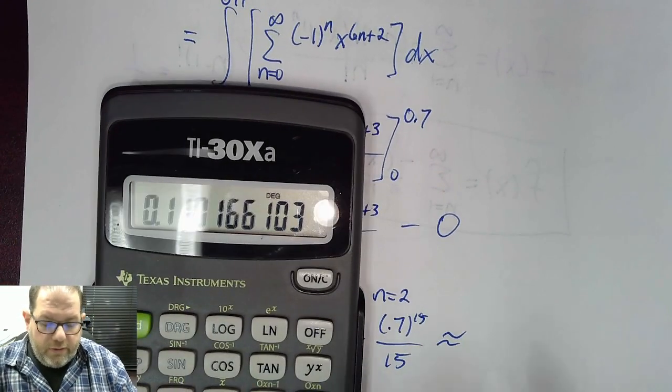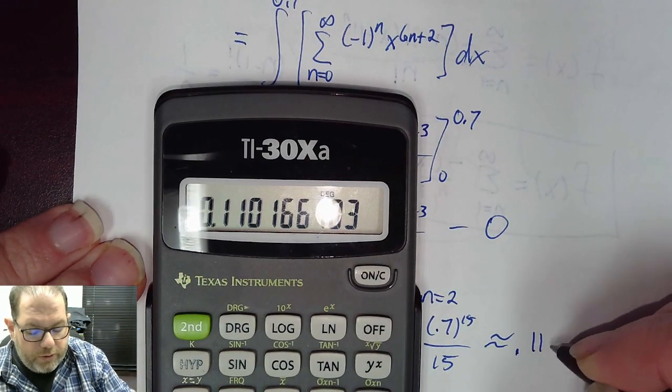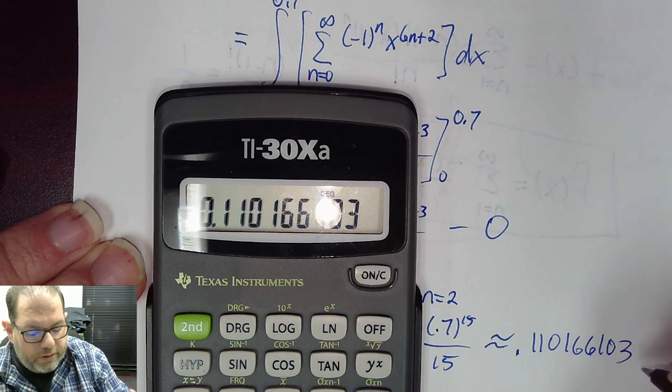And so for this one, we get 0.110166103.